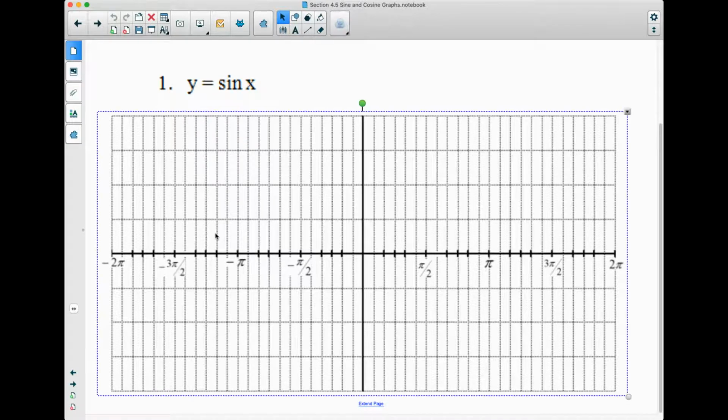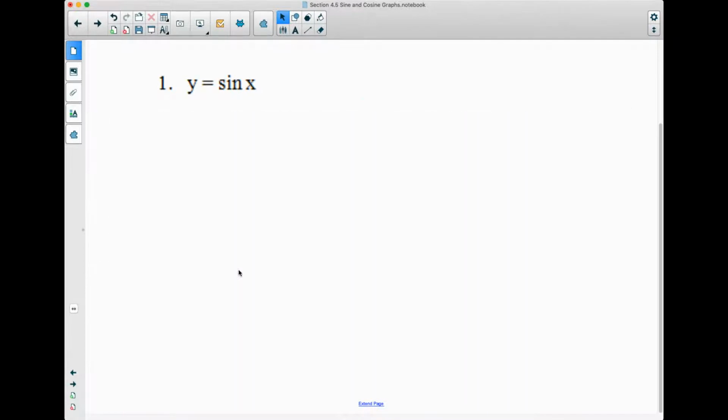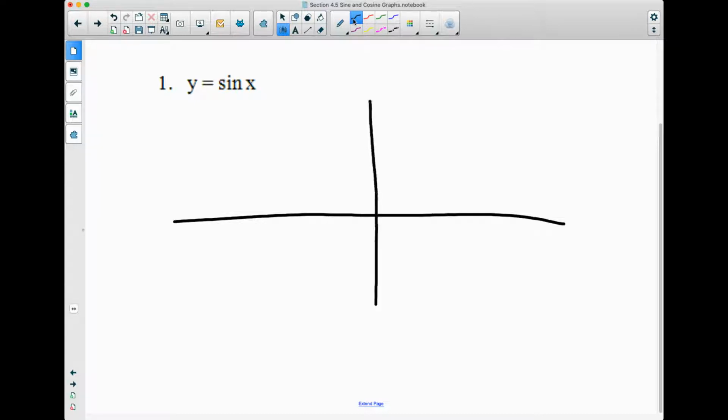And I'm going to do this the same way I want y'all to do it in your notes, because I don't want y'all drawing dash marks for the whole thing, okay? So again, I want to stay at my 0, pi over 2, pi, 3 pi over 2, and 2 pi.